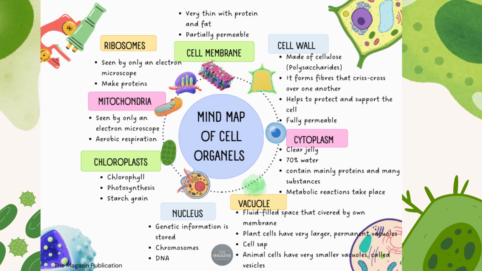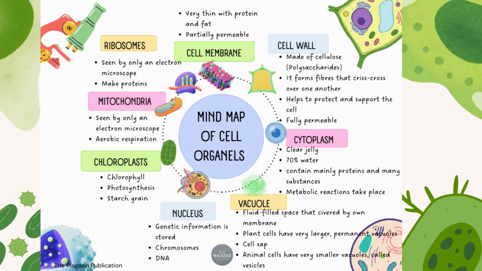Next one, the nucleus, which is the place that stores the genetic materials like chromosomes. Chromosomes are made of DNA, which gives the identity of the person or a cell. Next one, chloroplast.